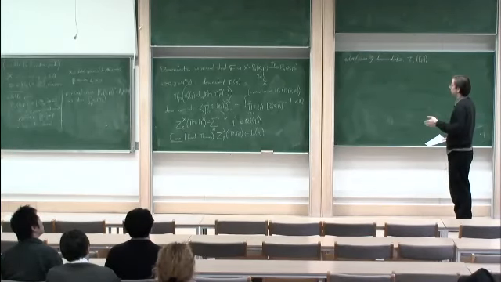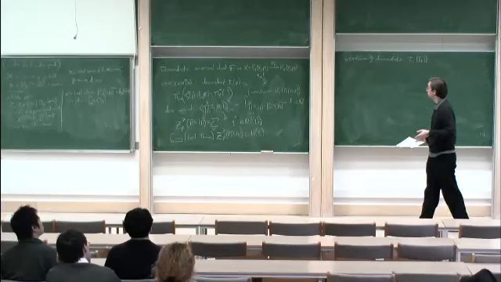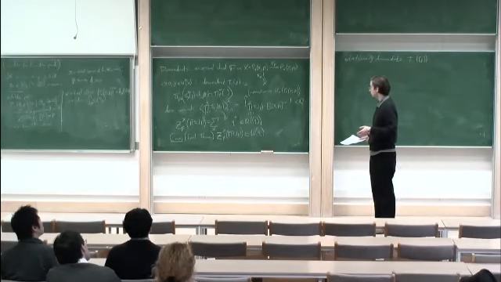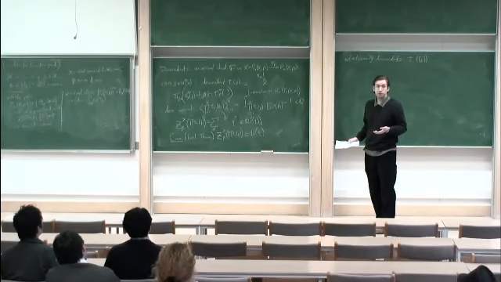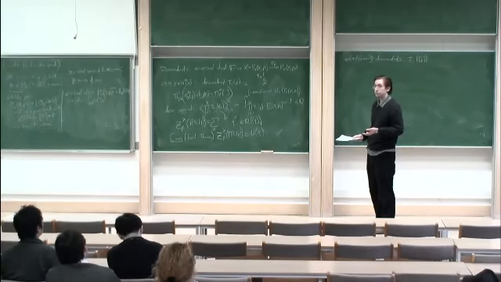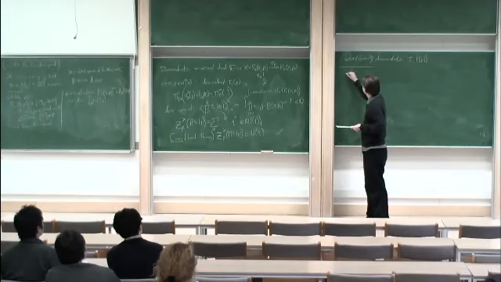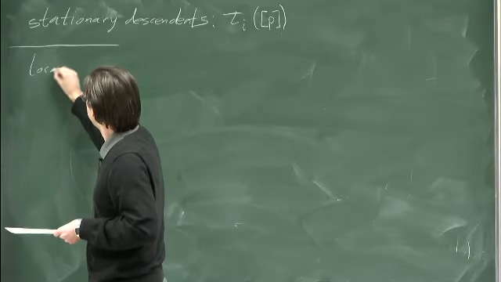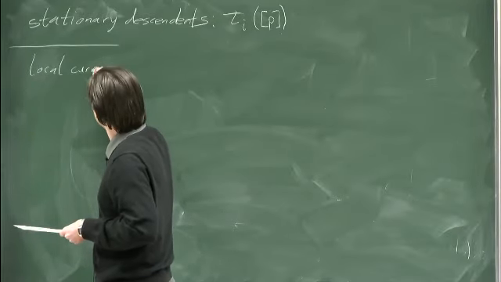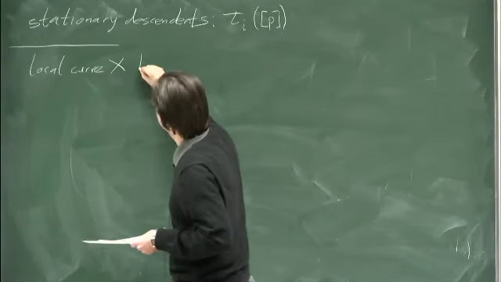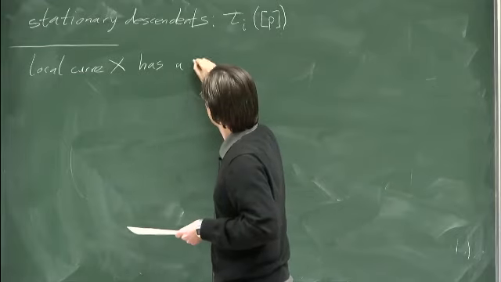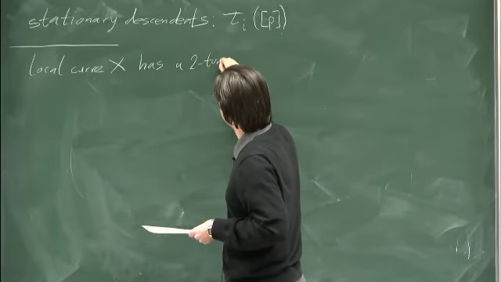But it's natural in this local curve setting to consider, well, first to consider the equivariant version of this. So a local curve X has a 2-torus acting on it.